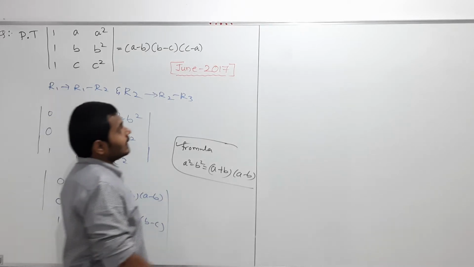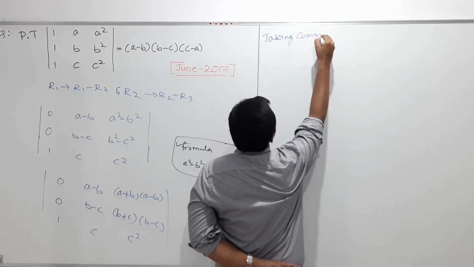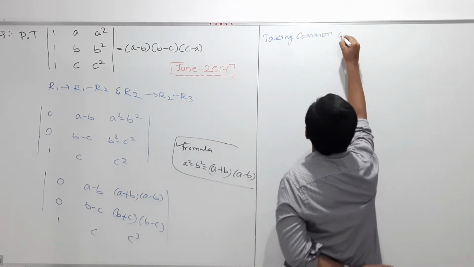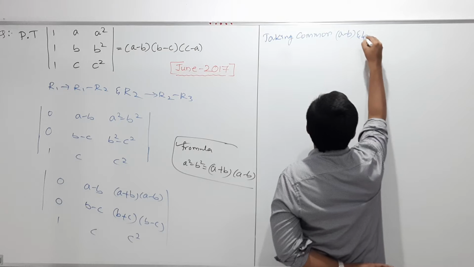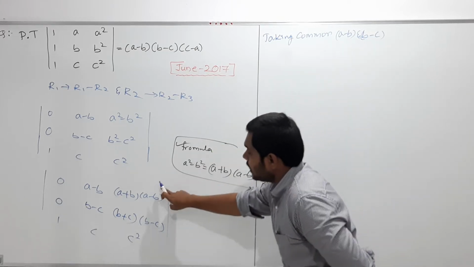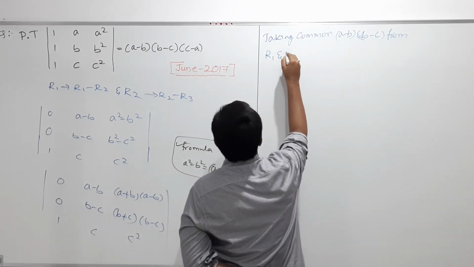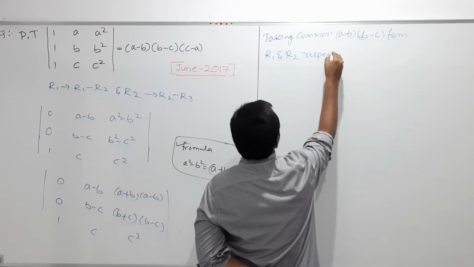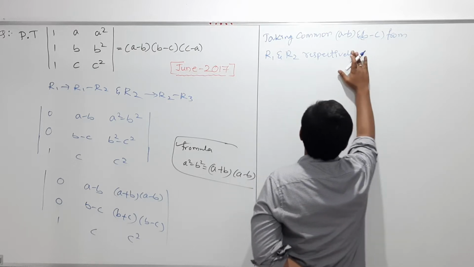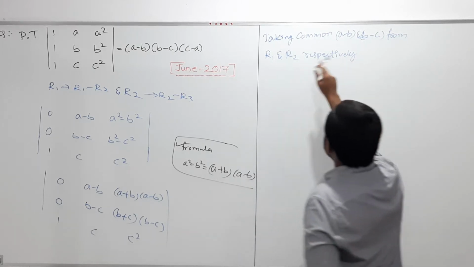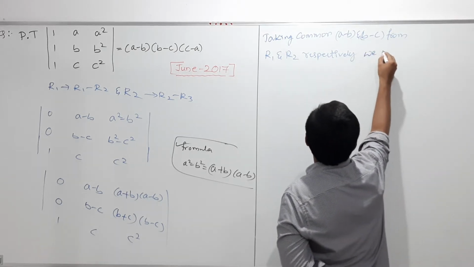So I will write, taking common a minus b and b minus c from row 1 and row 2 respectively, we get.